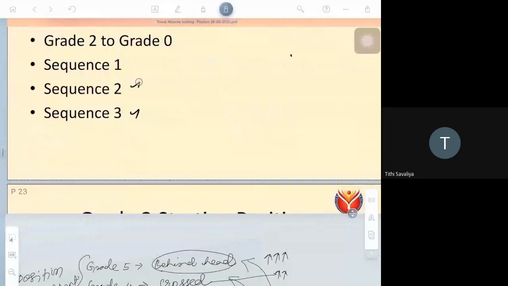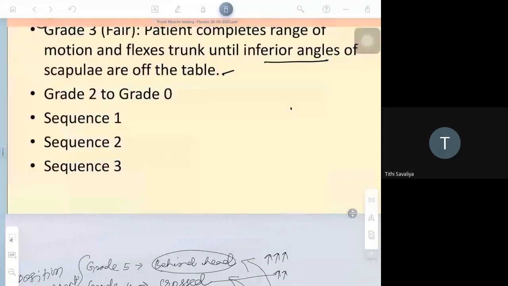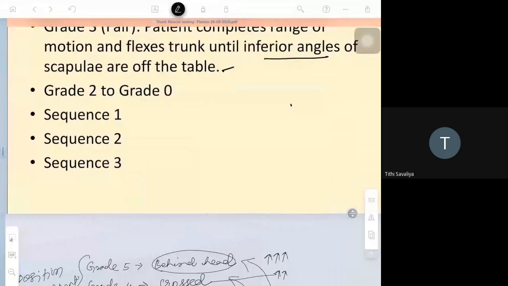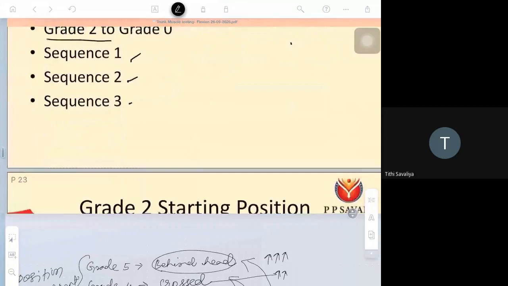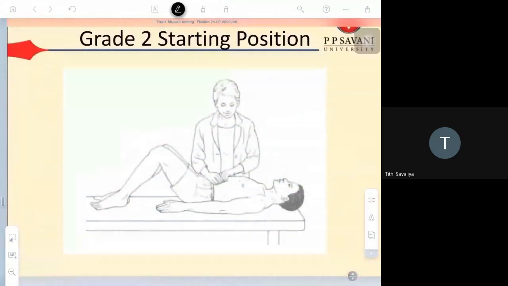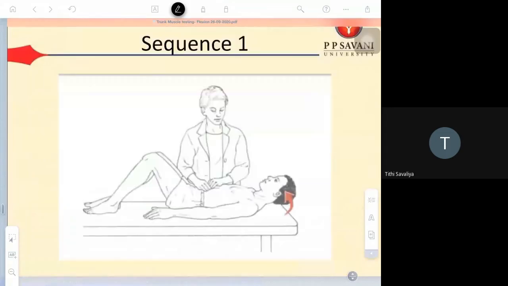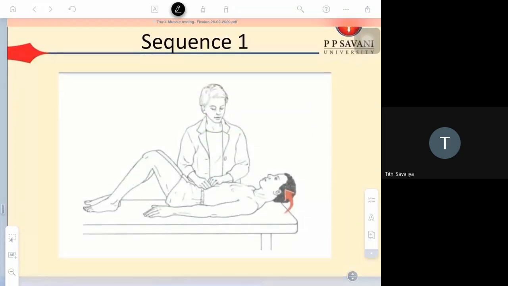First sequence, for grade 2. For all the sequences, this is the starting position. Now sequence 1. What will you do in sequence 1?